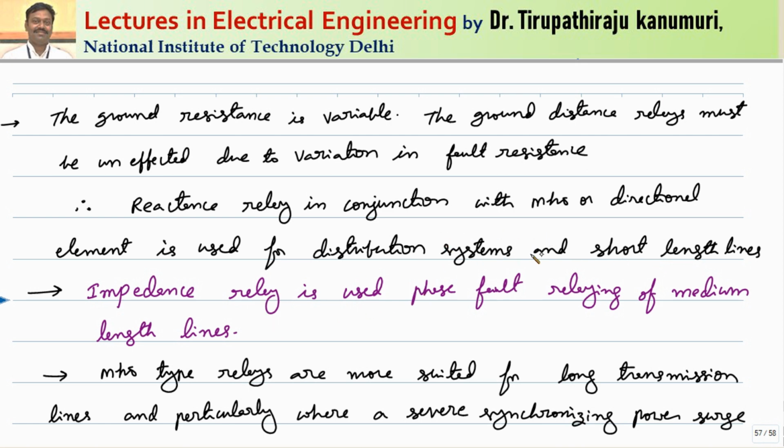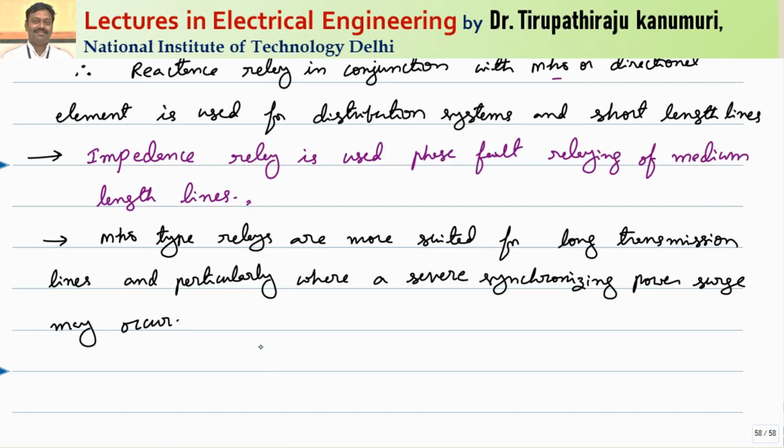So for short lines as well as distribution systems, we go for the reactance relay in conjunction with a mho or directional element. Then the impedance relay is used for phase fault relaying for medium length lines, where the chances of power swings are less and the line impedance is very high when compared to the arc resistance. That's why the impedance relay will work there.